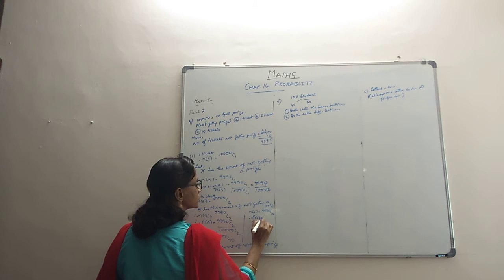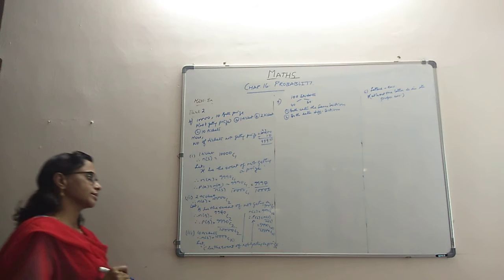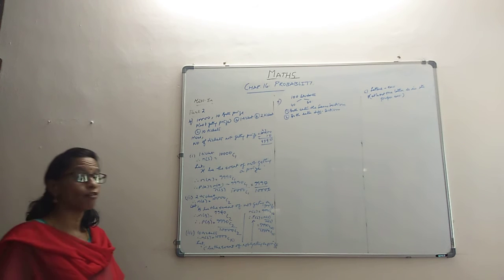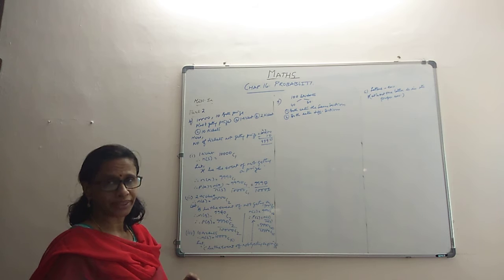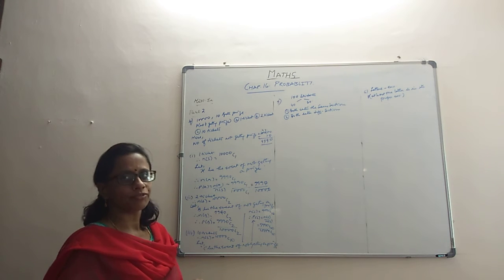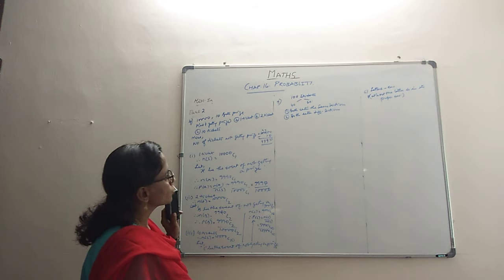The probability of C is n of C by n of S, and that is 9990C10 by 10,000C10. That's how we do this problem of not winning a prize. Otherwise, you can also do 1 minus the probability of winning a prize.